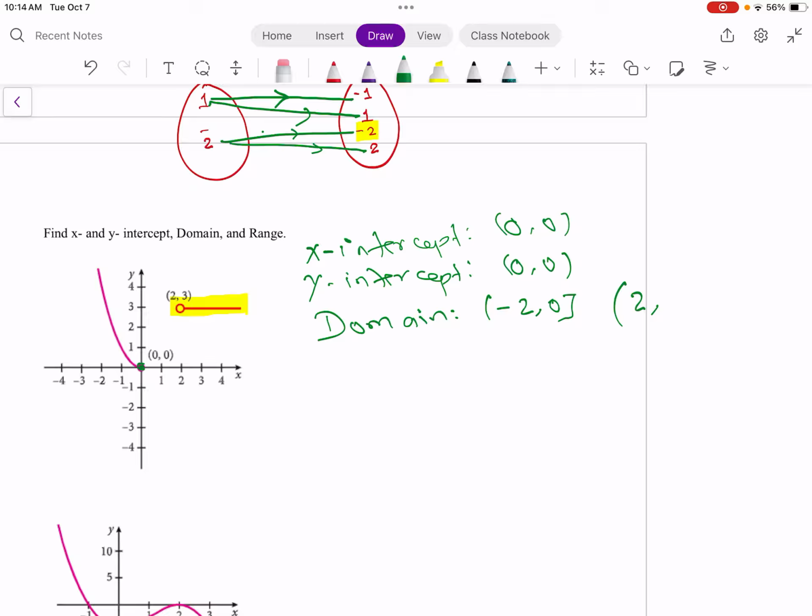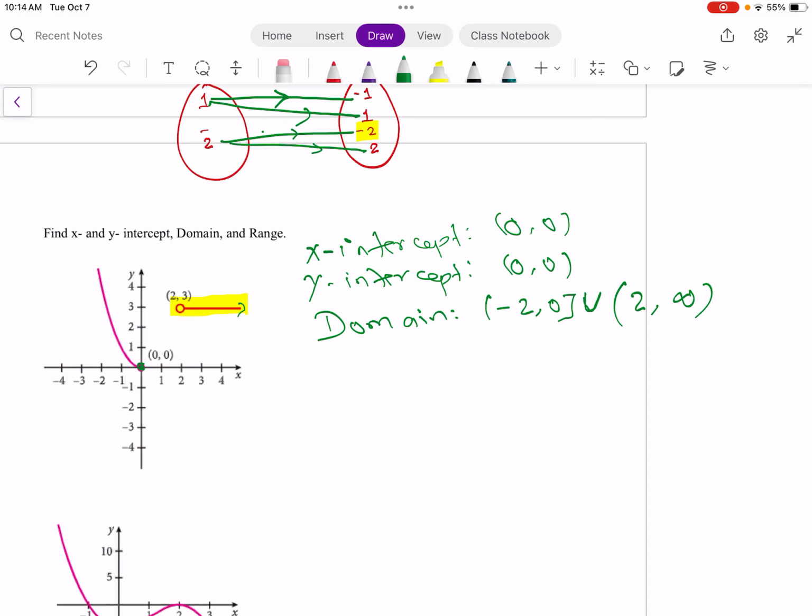And how far is it extended? Here, you can just write down 5, or if you put an arrow here, we can say up to infinity. So from -2 to 0, or, this is union, 2 to positive infinity is the domain for this graph.